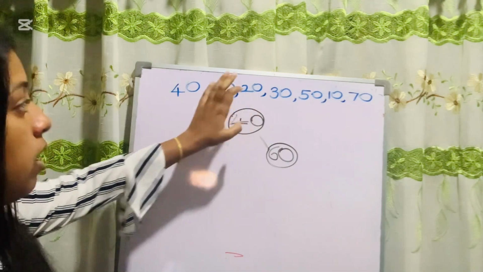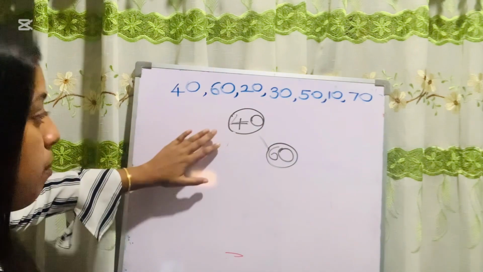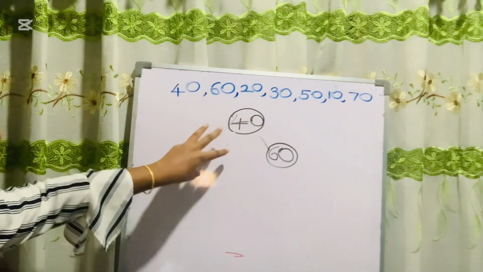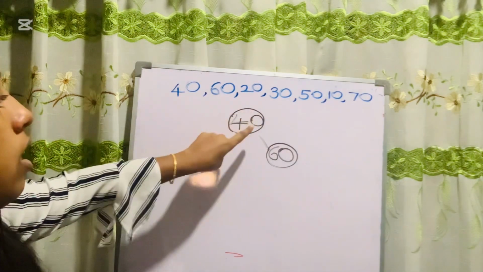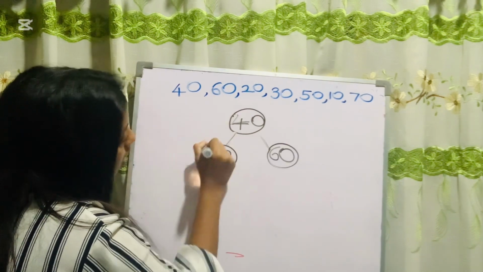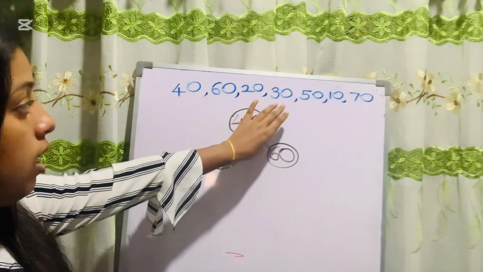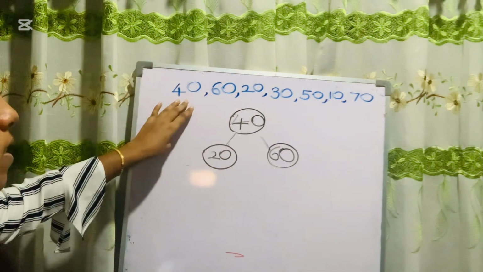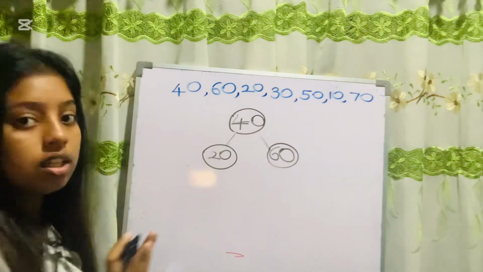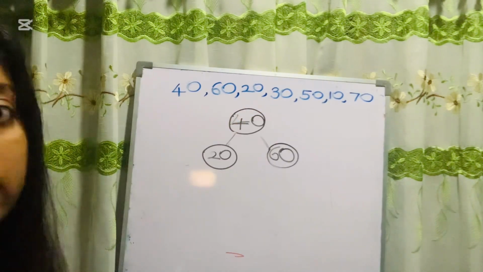Number 20 is less than 40, so we move it to the left side. Then the fourth element, 30, is also less than 40, so we move it to the left side. And number 30 is greater than number 20, therefore we move it to the right side of 20.